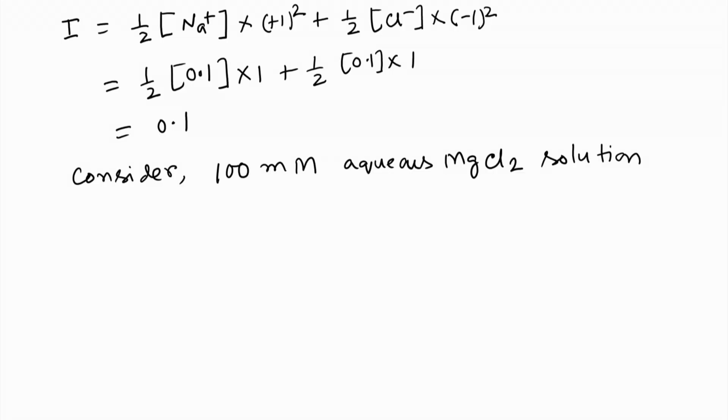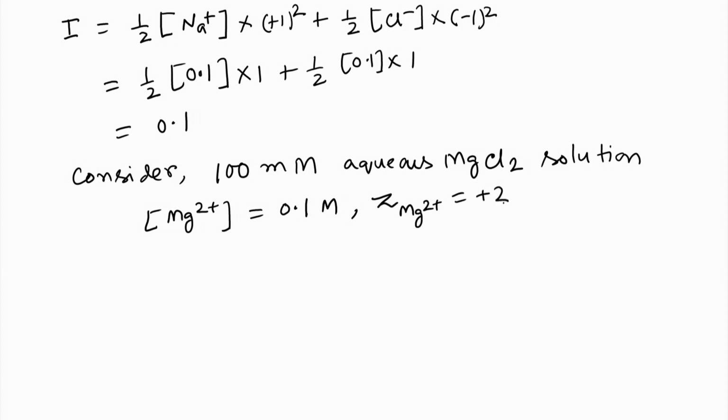The concentration of Mg2+ is 0.1 m, and the charge Z of Mg2+ is plus 2.